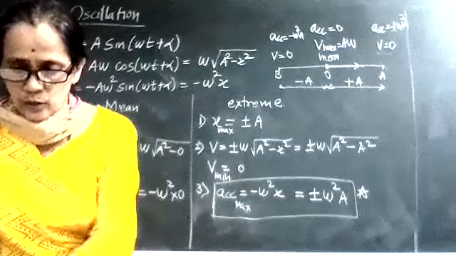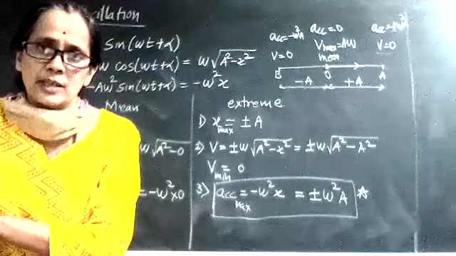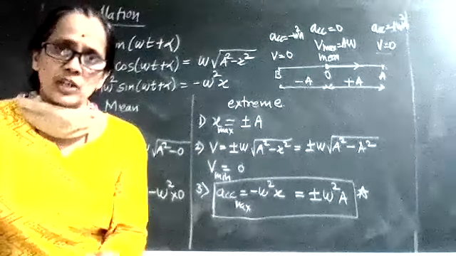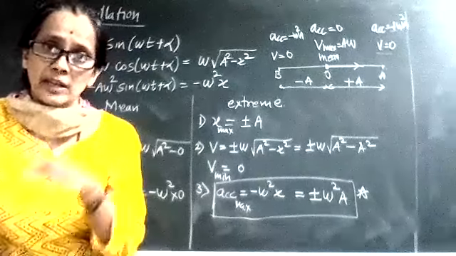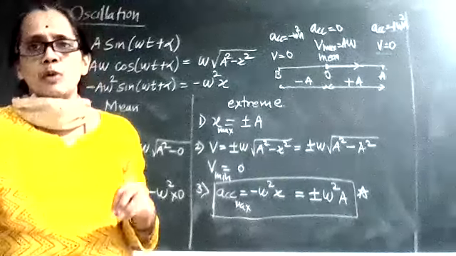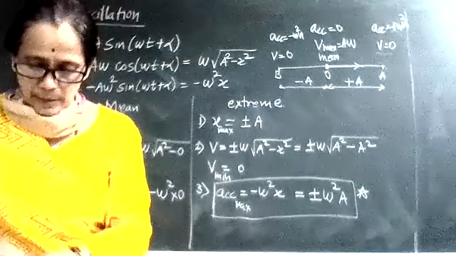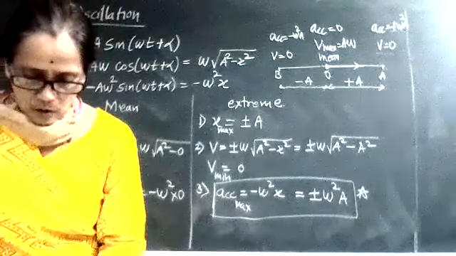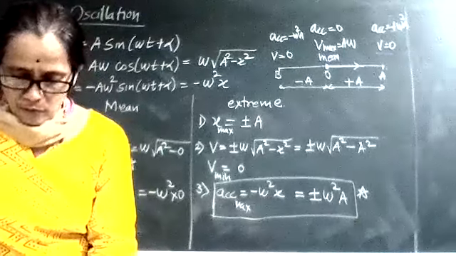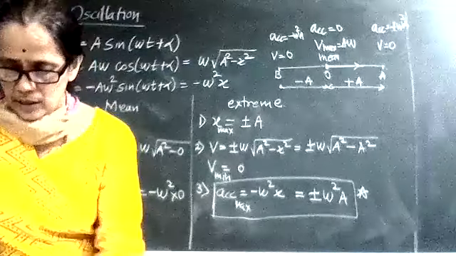So go through those examples carefully so you come to know how to solve them. When the problem lecture is there, I am again going to take these problems. But now I have taught you about V max and acceleration maximum, that's why you have to see problems 5.5 and 5.6 on pages 114 and 115. Go through them very carefully.